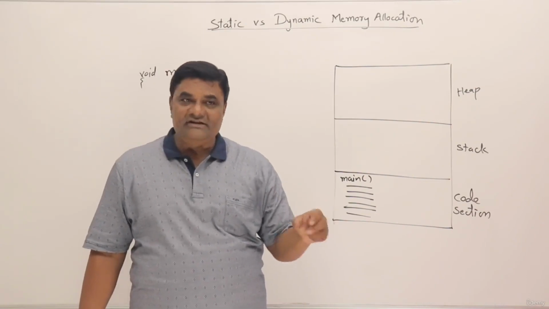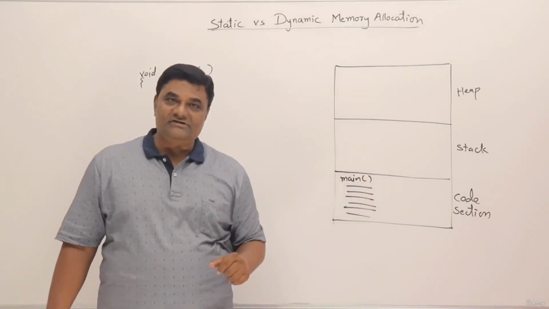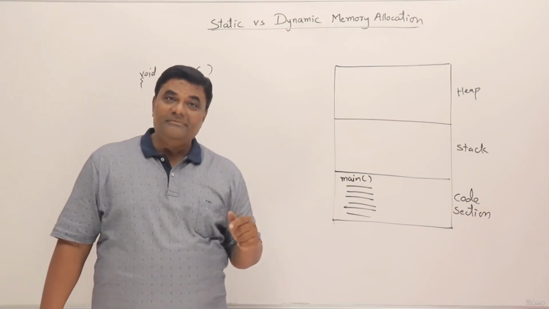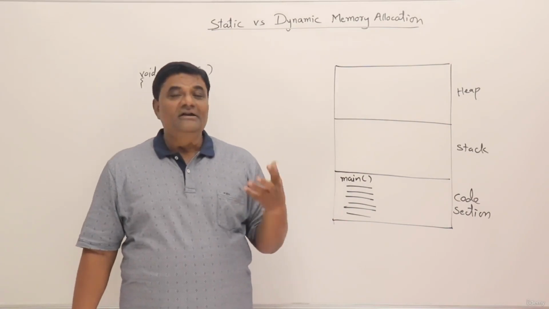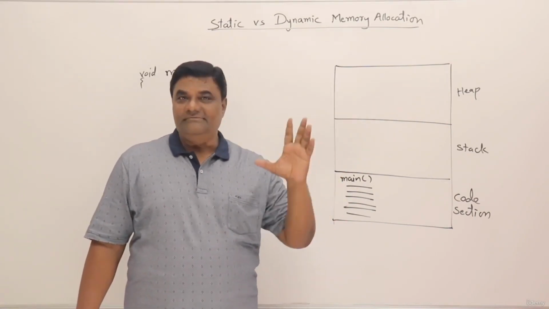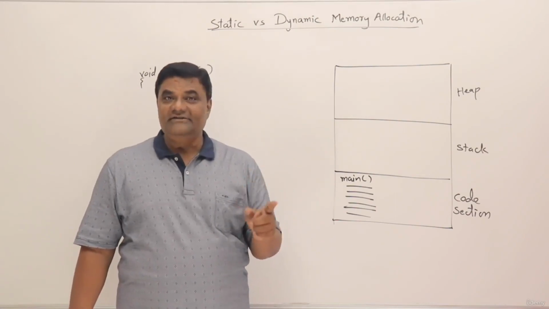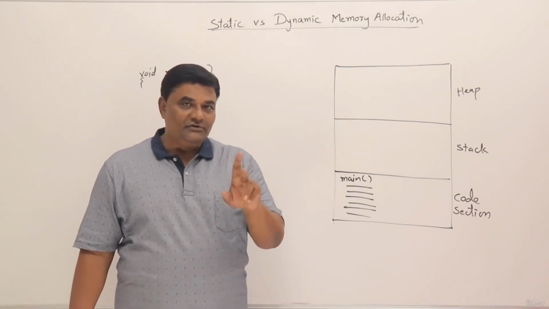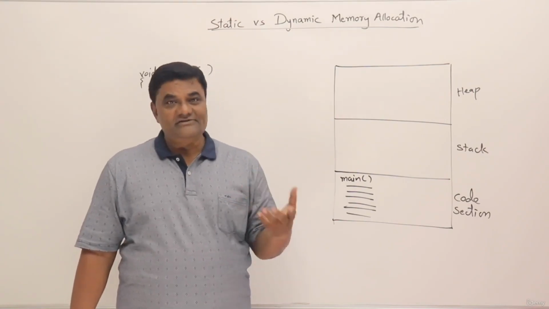Once it has finished using it, it should release the printer so that other applications can use it. In the same way, heap memory should be used like a resource. When required, you take the memory. When you don't require it, you release the memory. This is the practice that we must follow while dealing with heap memory. So I told you two points: what is heap, and second, it should be treated as a resource.